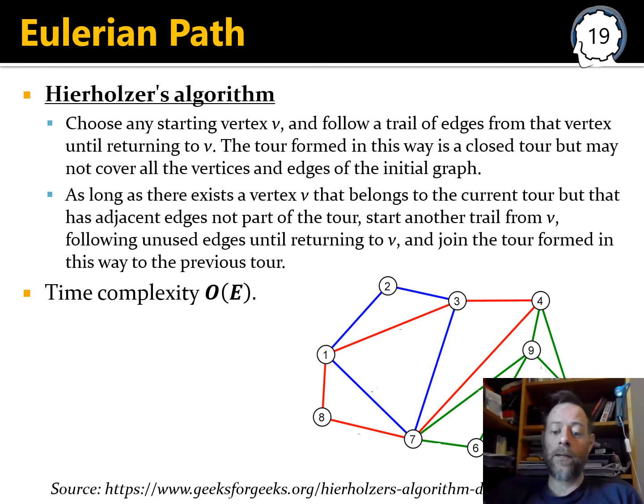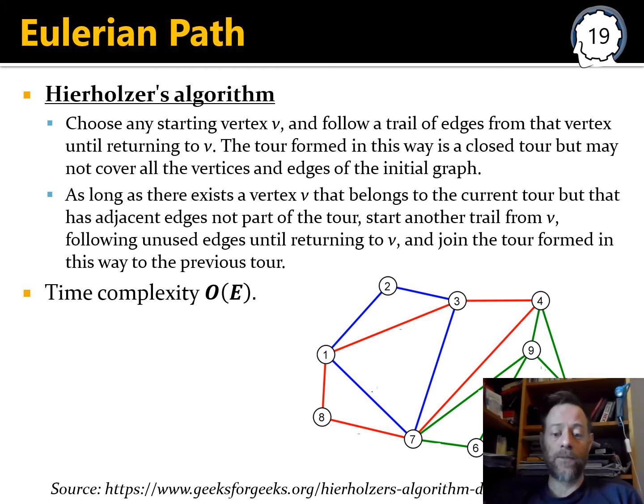And then we do the green tour. So we go 4, 5, 9, 6, 7, 9, 4. And now we reach back to number 4, and now we have visited every edge in the graph.